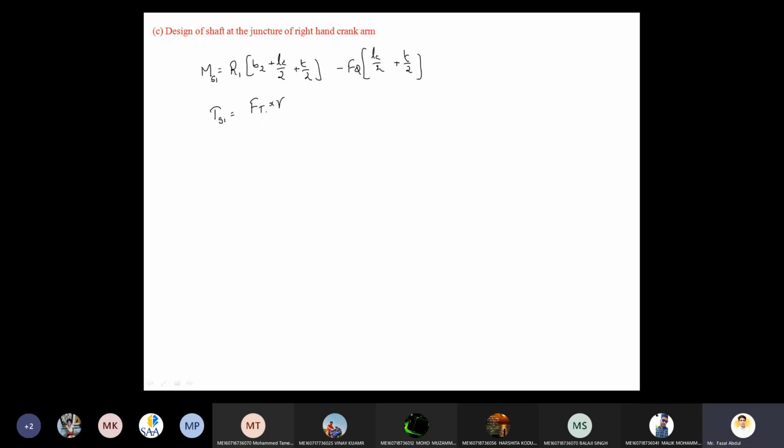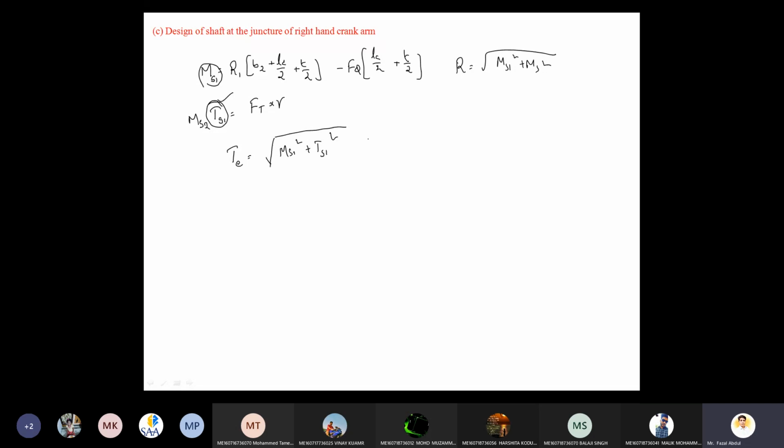Now, if instead of having Ts1 there was an Ms2, I would prefer the resultant, like the square root of Ms1 square plus Ms2 square. But here, one time it is a bending moment and one time it is a torsion. So the reason I am selecting the equivalent torque equation, that is the square root of Ms1 square plus Ts1 square.